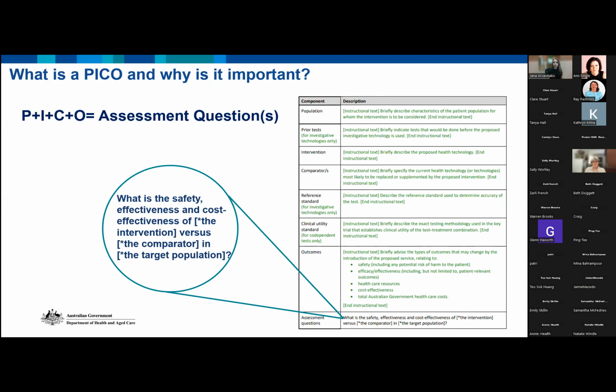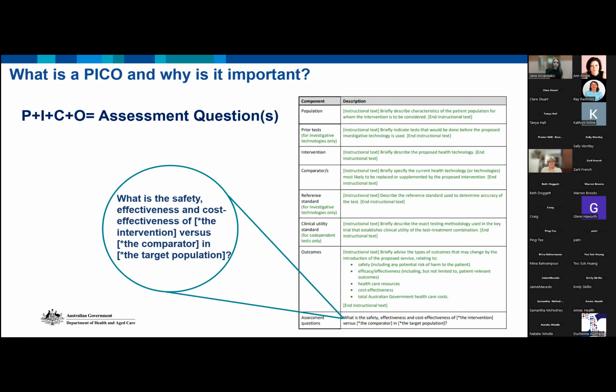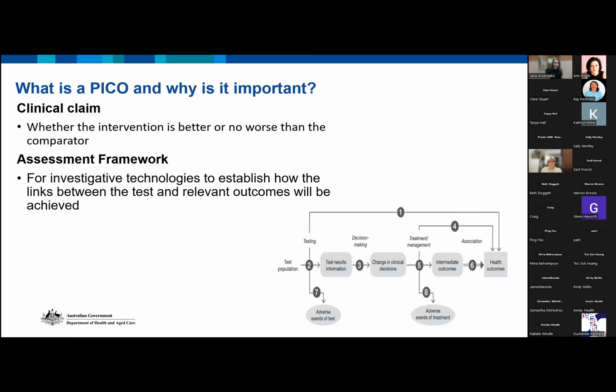By defining the 4 PICO elements, my assessment question might be, what is the safety, effectiveness, and cost effectiveness of testing glycated hemoglobin levels, which would be in the blood, which would be the intervention, versus testing sugar levels in the urine, which would be the comparator, in patients presenting with symptoms of type 2 diabetes, which would be the target population. So that's a good start.